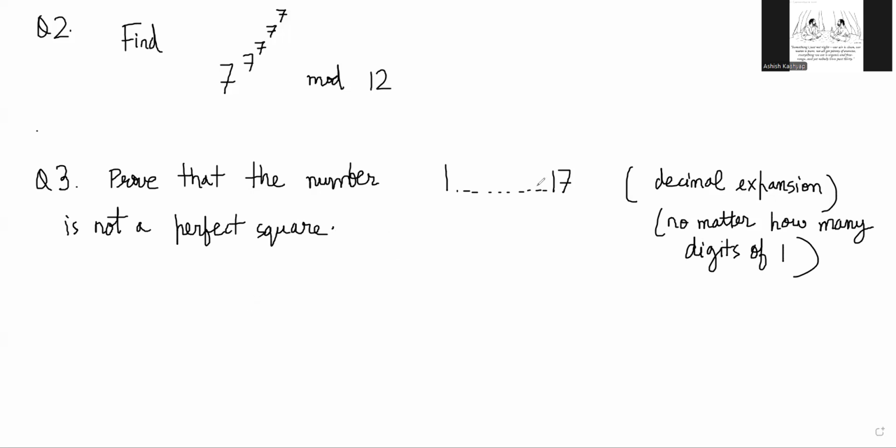So there are some unknown number of ones here. We have to prove that no matter what it is, this number is not a perfect square.